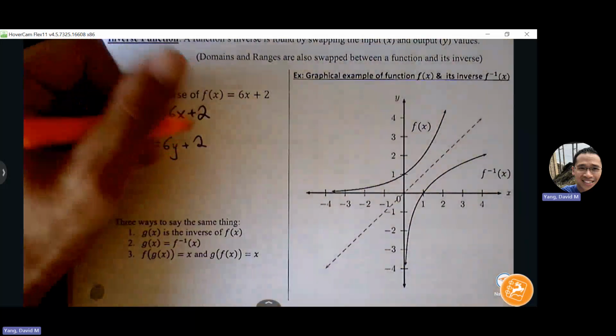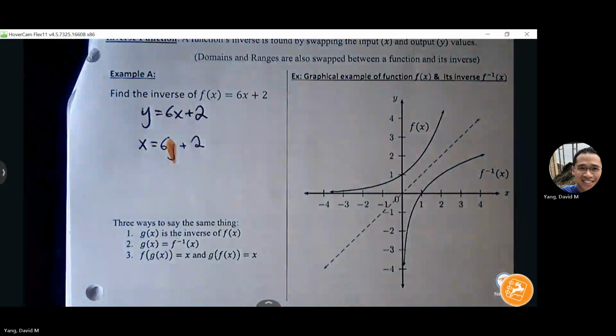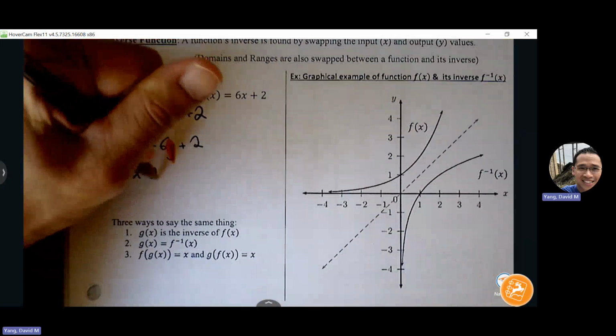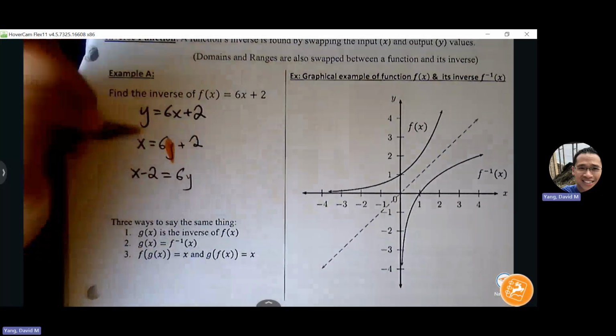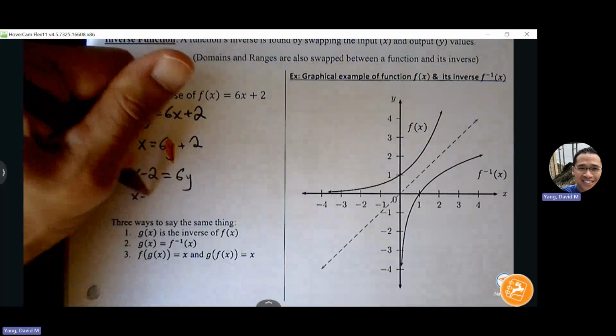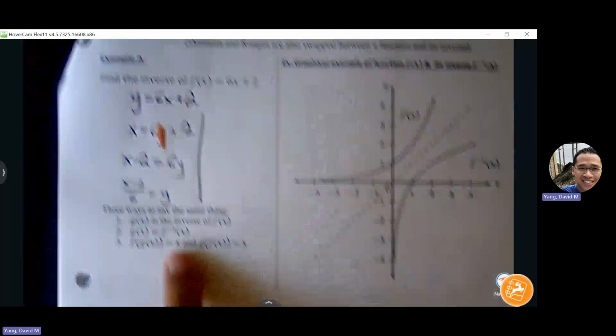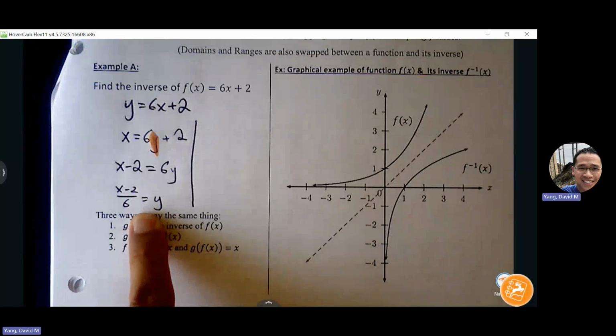So now we're going to solve for our new y. So after we swap our x and y, we solve for our new y variable. So in this case, x minus 2 is equal to 6y. Divide both sides by 6. Now my new function is y equals x minus 2 over 6.